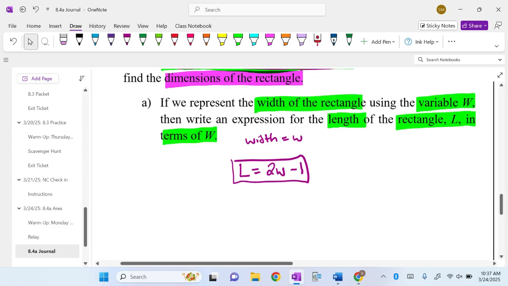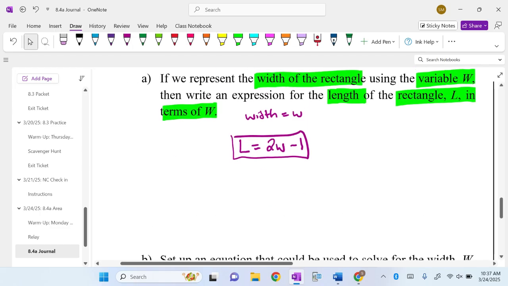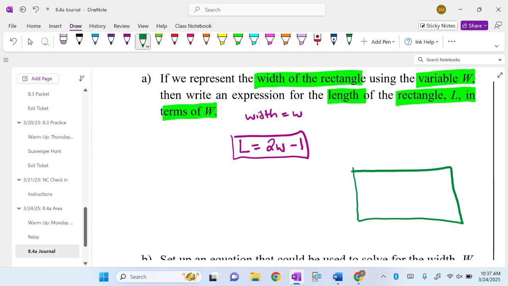Now I got enough to draw a quick picture. So I'm going to draw a rectangle. My width is represented by what? W. My length is 2W minus 1. And my area is equal to 45 feet squared. All right.